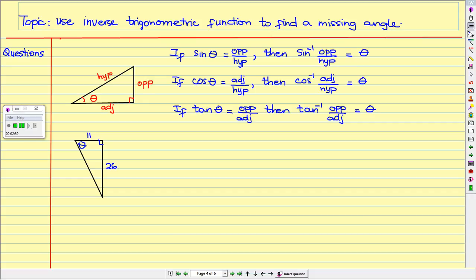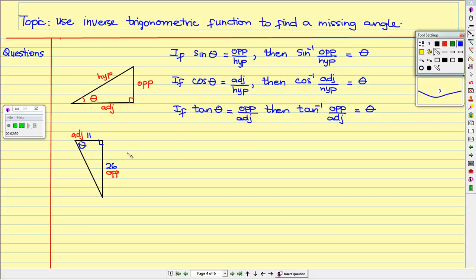So we are going to label. This is the adjacent side because it is next to the angle theta. This is the opposite side because it is opposite the angle theta. Now we need to find the acute angle theta. So we are going to use tangent.